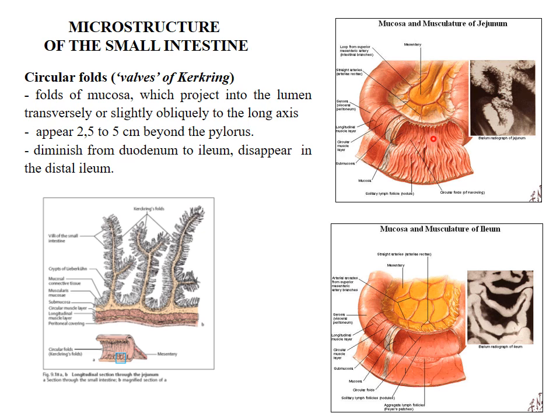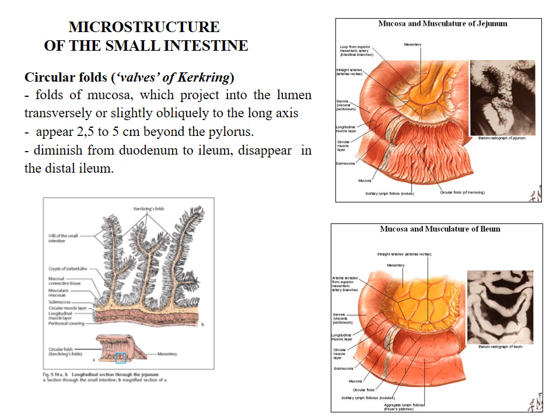These circular folds appear 2.5 to 5 centimeters beyond the pylorus, and the first part of the duodenum, the superior part of the duodenum, its internal surface doesn't present circular folds. Folds are absent in the superior part of the duodenum.